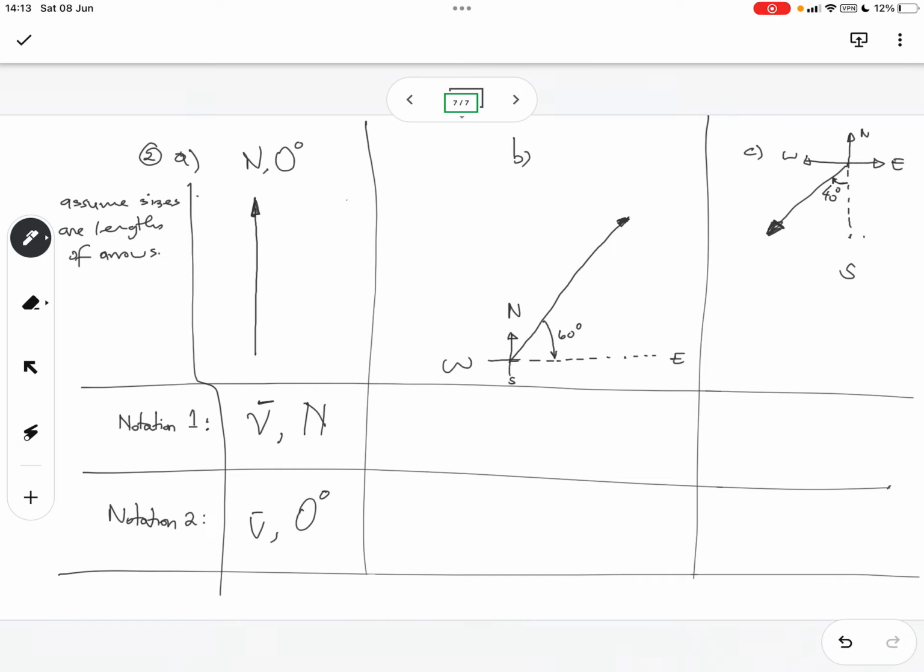Remember, north, south, east, west are like this, ne? It's from north to east.